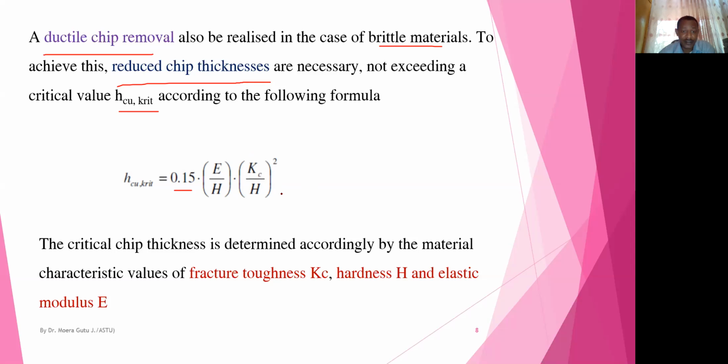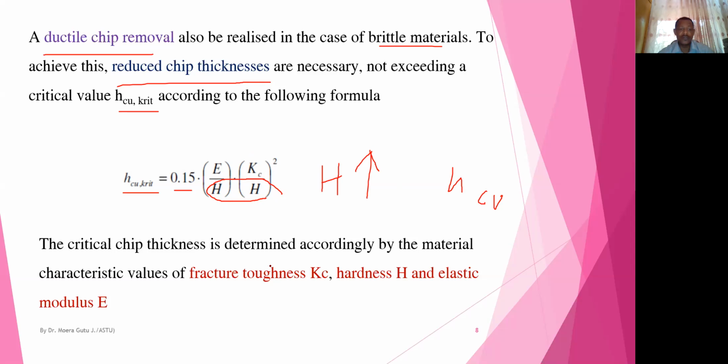This shows that the machining of hard materials mainly depends on the hardness of the material. So if the hardness H is high, the reduced chip thickness value hc should be very small, okay, very small.